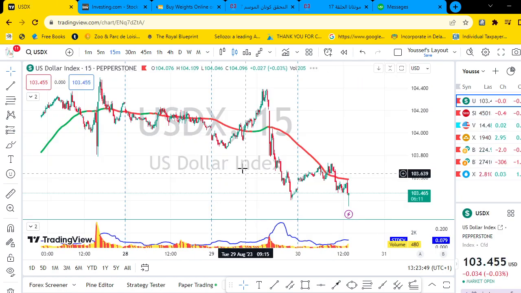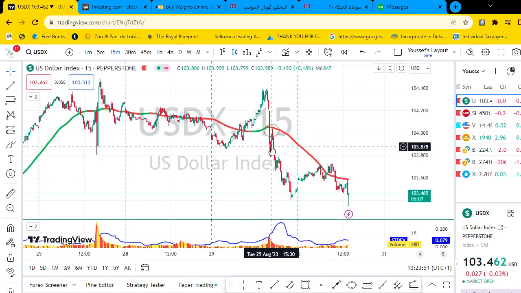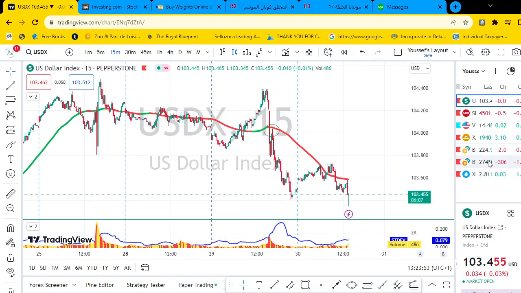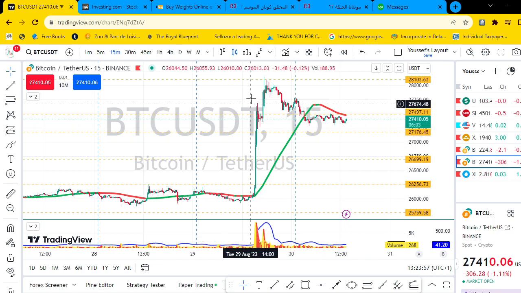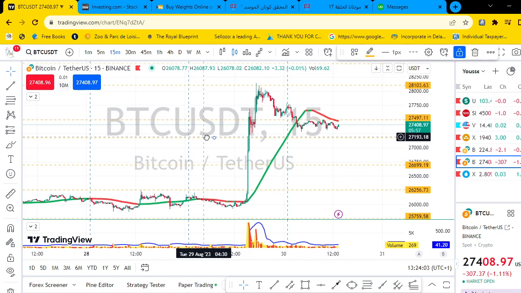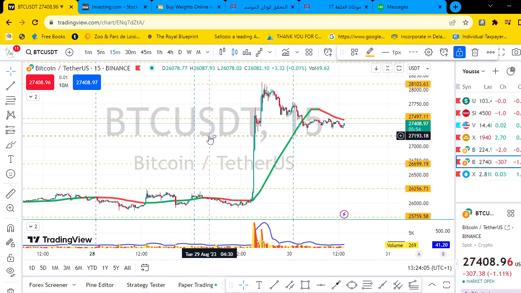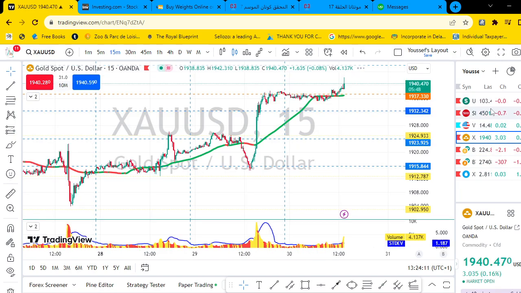Yesterday, there was a drop in the US dollar that caused Bitcoin to explode higher. This is very important to know for the people who trade Bitcoin or gold or S&P.